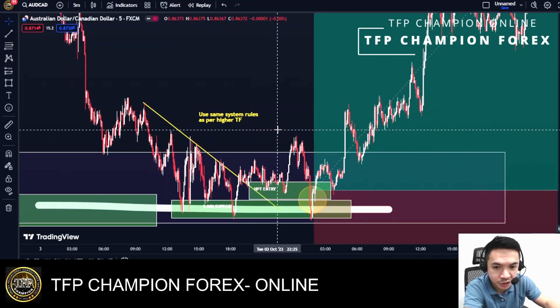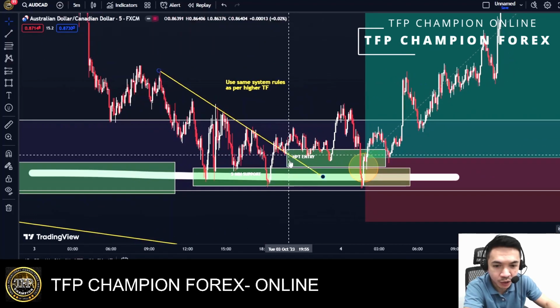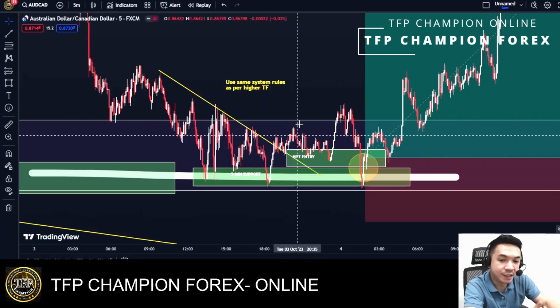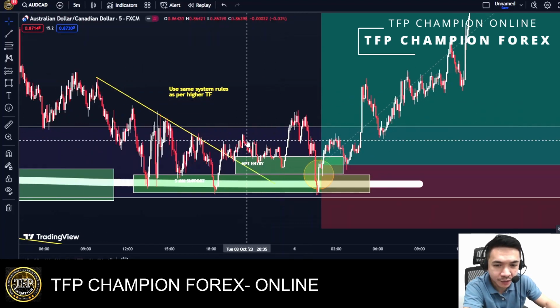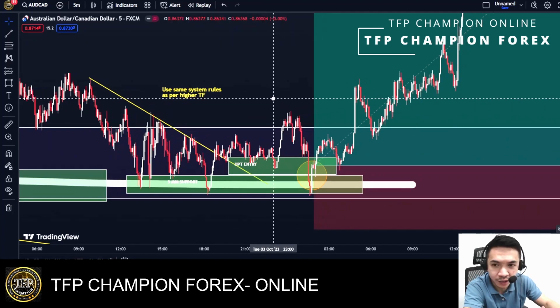So, same aspect ng ating rules, we will now mark our HPT. But in this case, ano yan? Entry. Okay? So, ano nangyari? From this point, I have to look for confirmation candles na magbibigay sa akin ng decision for me to buy. So, ano yung mga confirmation candles for a bullish?